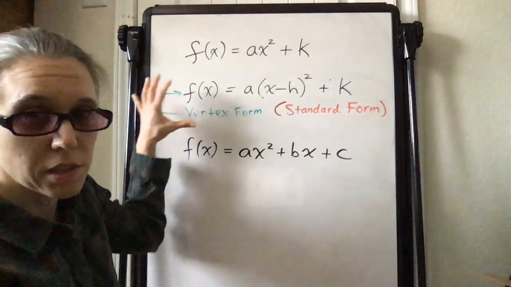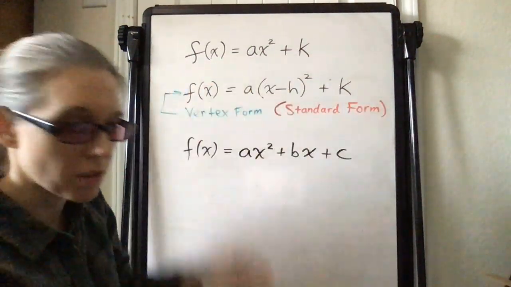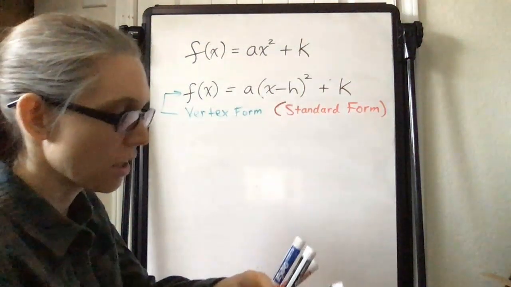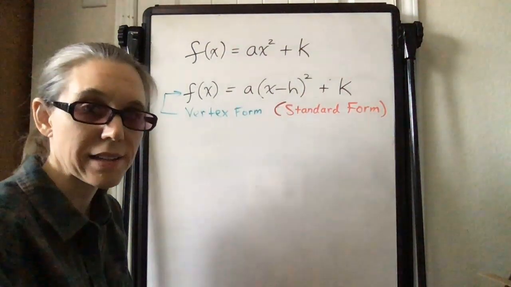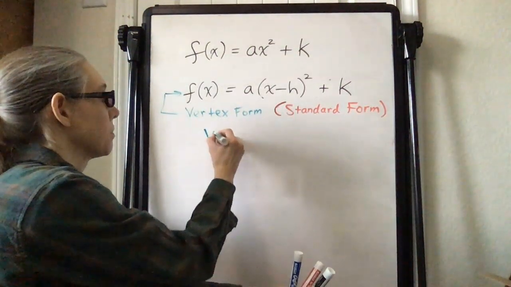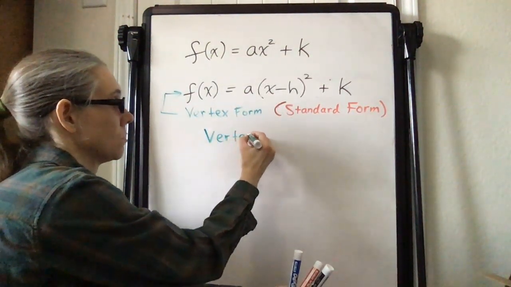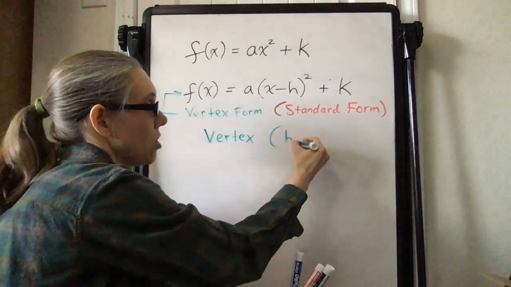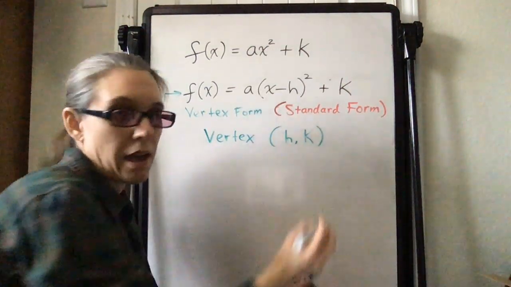So what we're going to do is start by looking at how to interpret this form. The reason it's called vertex form in other books is because you can readily determine the vertex just by looking at it. The vertex of this form is (h, k).